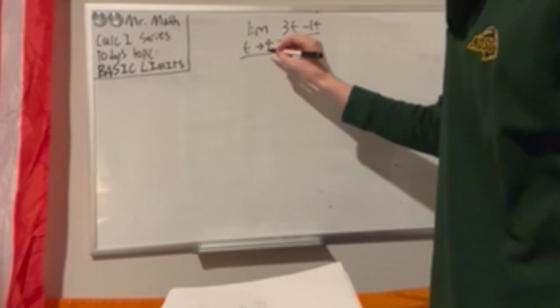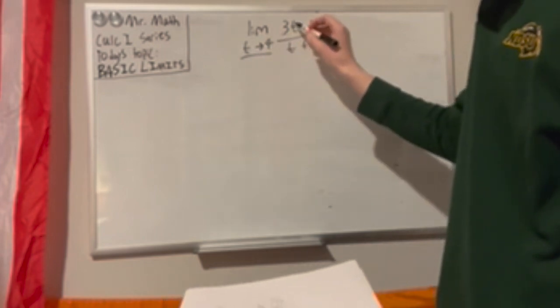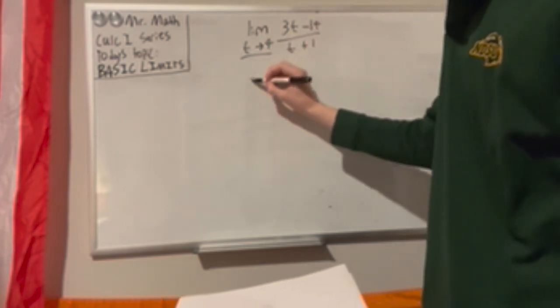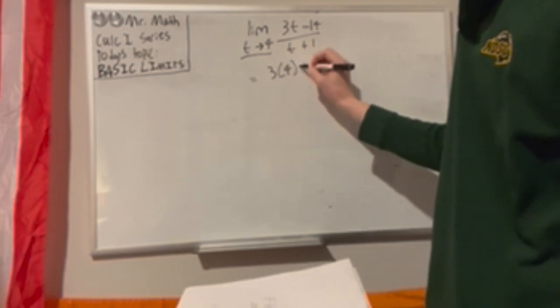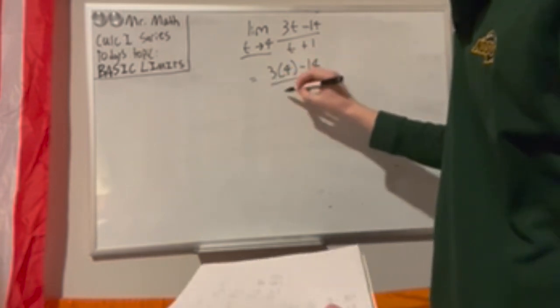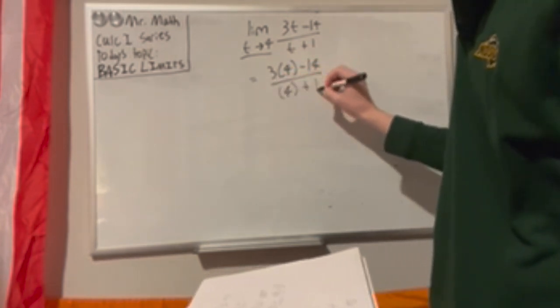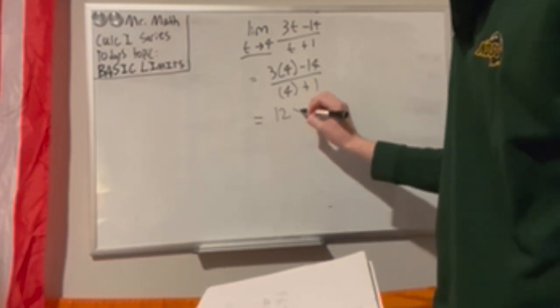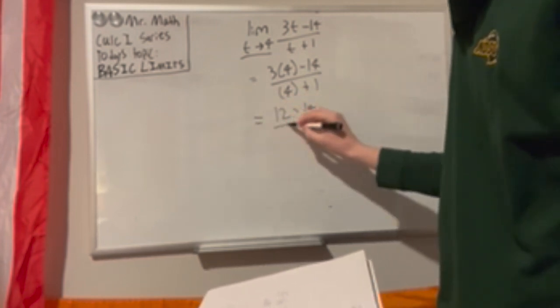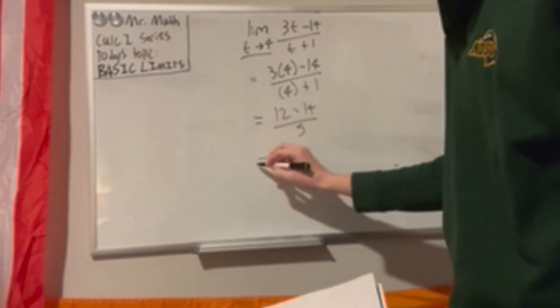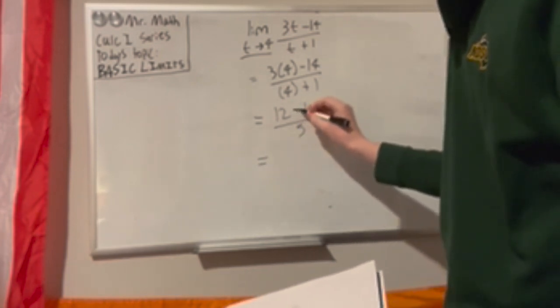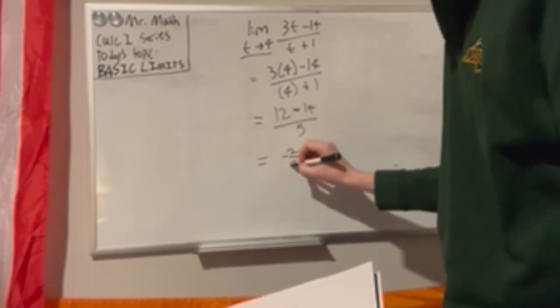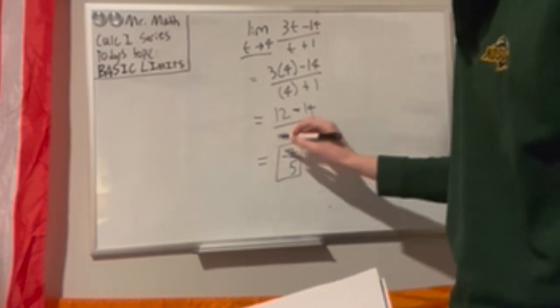So we'll use the definition, plug in t equals 4. So this equals 3 times 4 minus 14 over 4 plus 1. This simplifies to 12 minus 14 over 5, and this simplifies to negative 2/5. Hence, this is your answer.